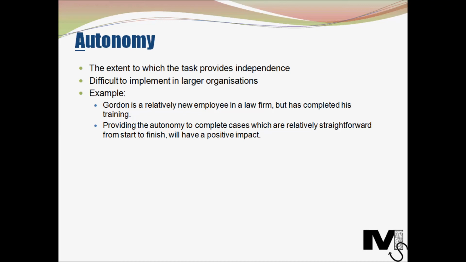Now, autonomy can sometimes be difficult to implement in larger organizations. Larger organizations have various hierarchies of people, and most of the times require people with very specific skill sets to perform specific tasks. But the more autonomy a worker is provided, the higher the sense of responsibility will be.